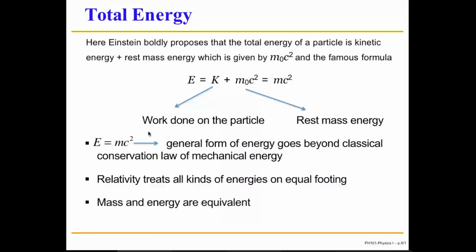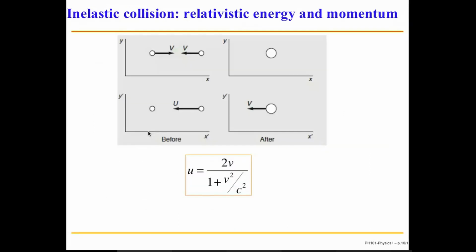Right? Okay, so the example that I'm going to show is that of an inelastic collision. The previous example through which we arrived at a generalized form of momentum was elastic collision. In here, we are going to show the case of an inelastic collision. So here, two identical particles are colliding in opposite directions and they are sticking together.